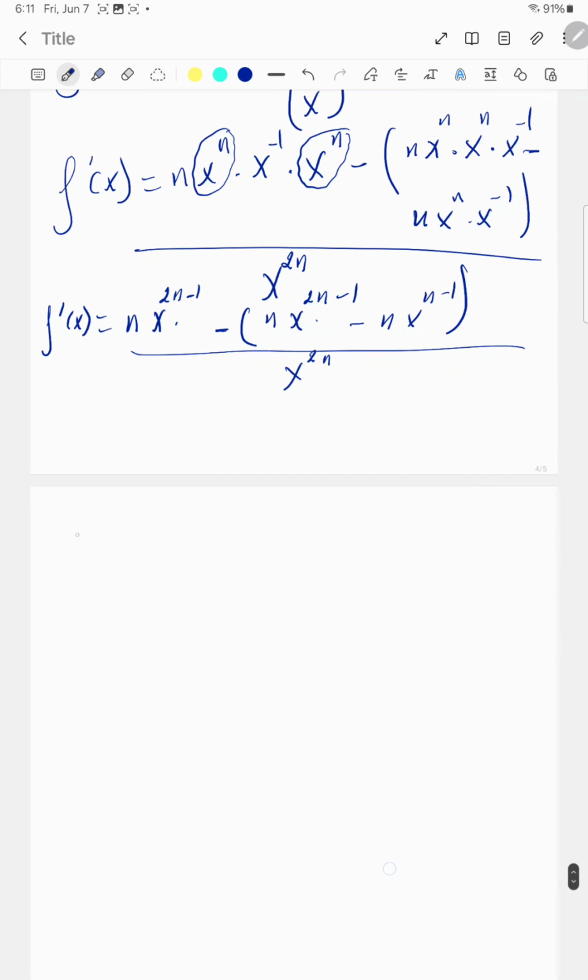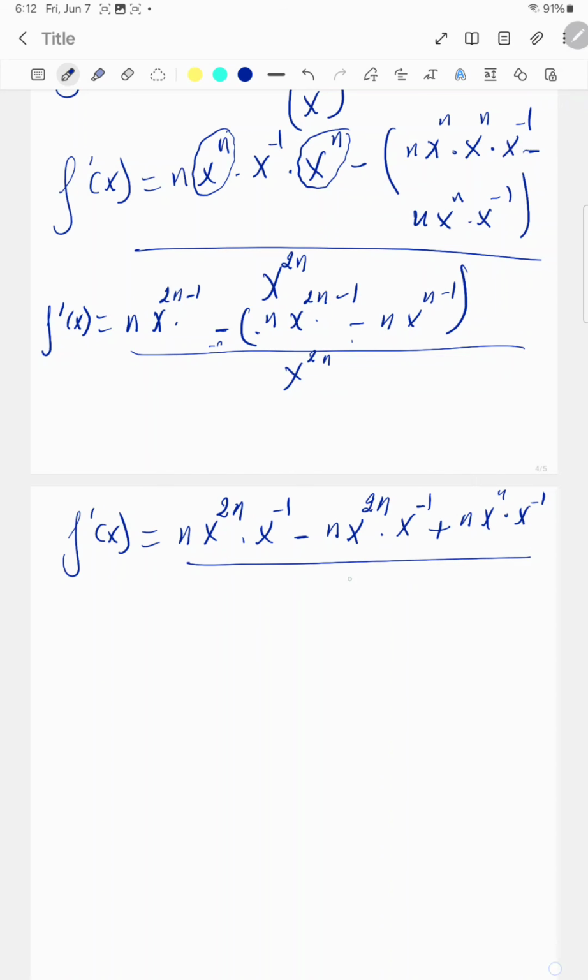Here, f prime of x is equal n x to the power of 2n times x to the power minus 1 minus n x to the power 2n times x to the power minus 1, and this is plus. Minus times plus is minus, and minus times minus is plus. N x to the power n times x to the power minus 1 divided by x to the power 2n.